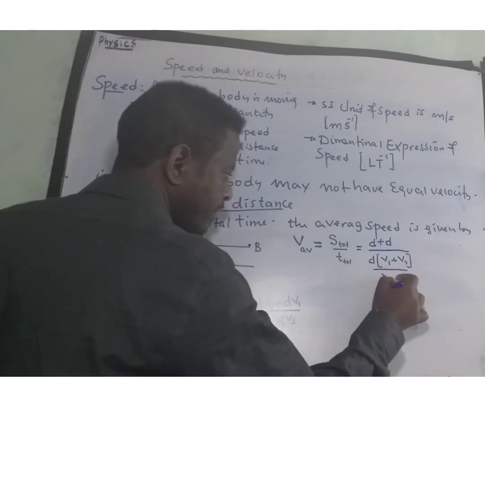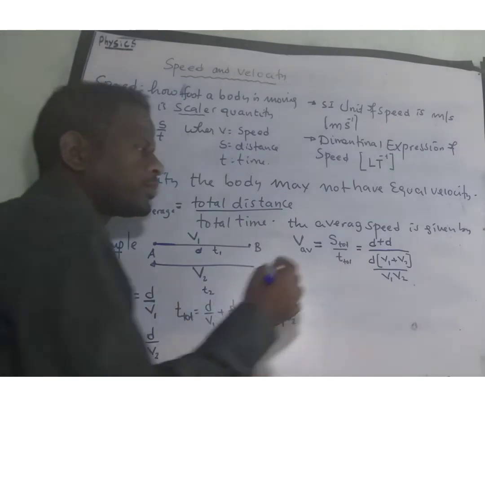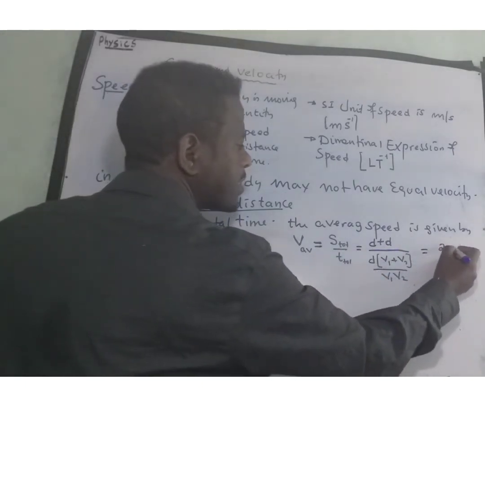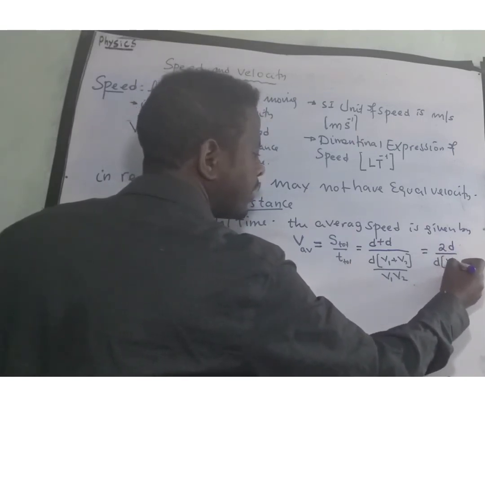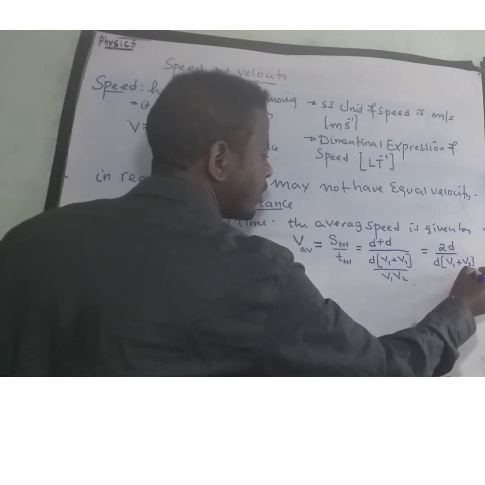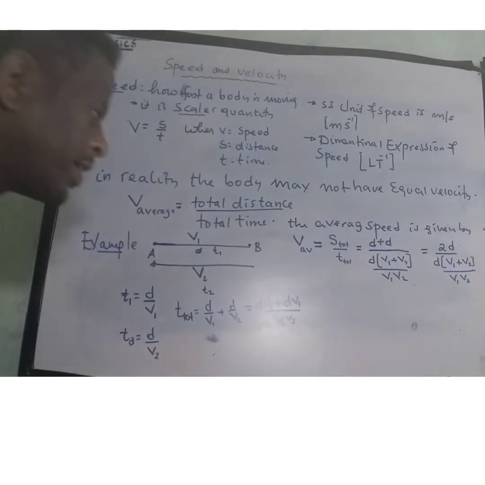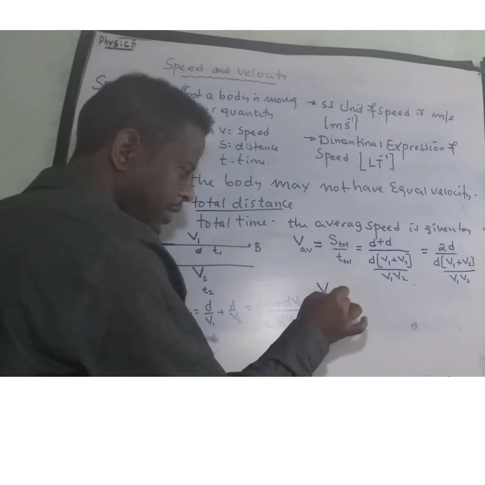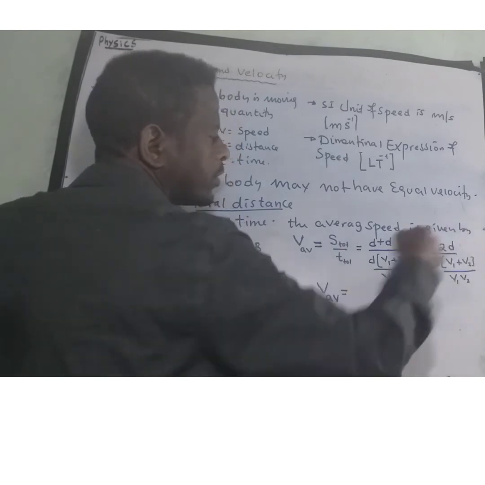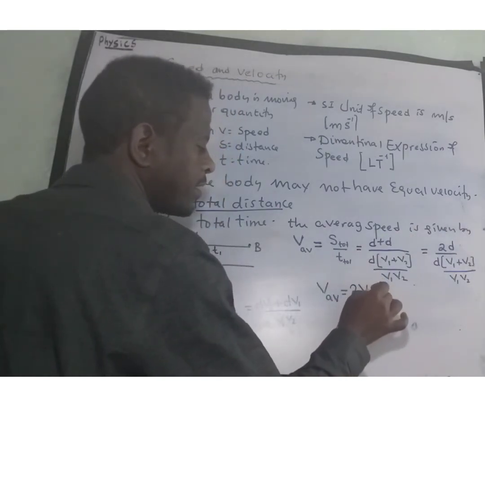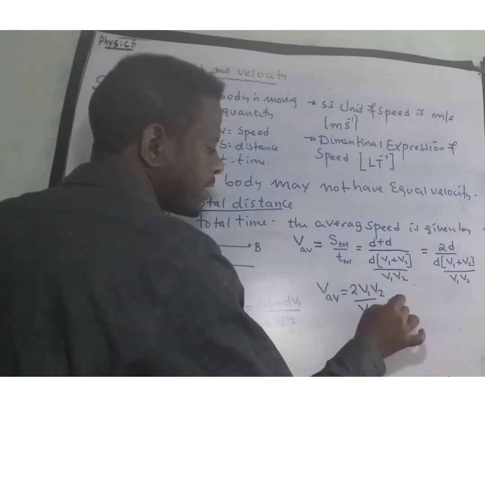over v1 times v2, so the average speed v average equals twice d over d times v1 plus v2 over v1 times v2, which gives twice v1 times v2 over v1 plus v2.